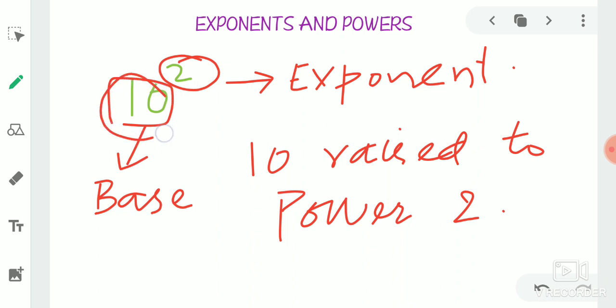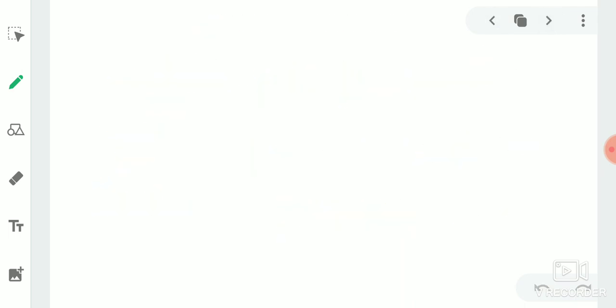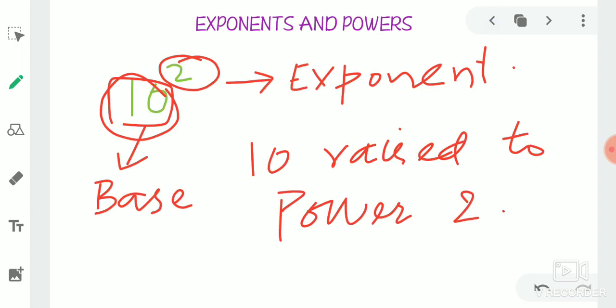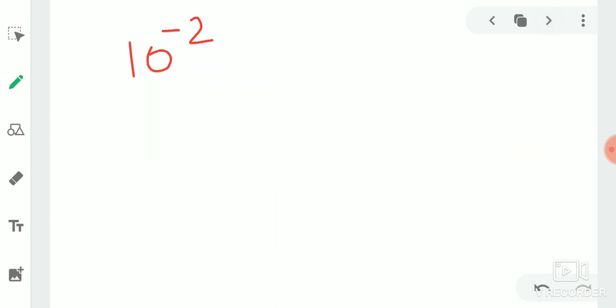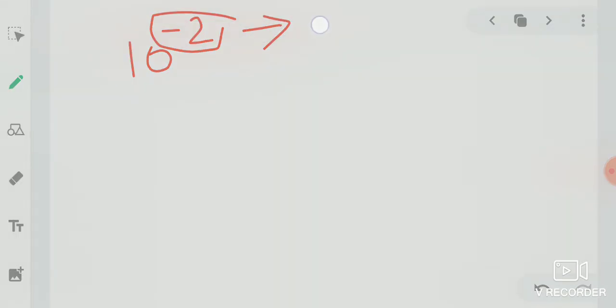The base will be the same, but the exponent here will be a bit different. We will take the same example, 10 but raised to power minus 2. Earlier that was a positive integer, and here we have exponent minus 2, a negative integer.